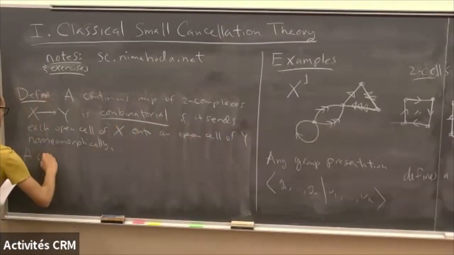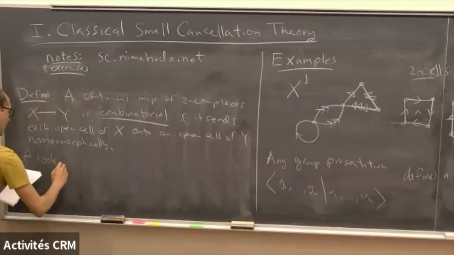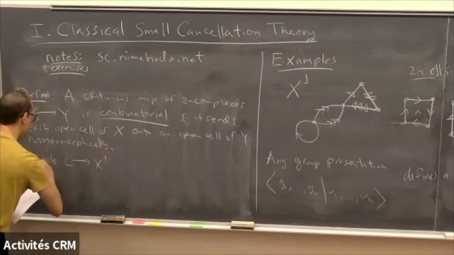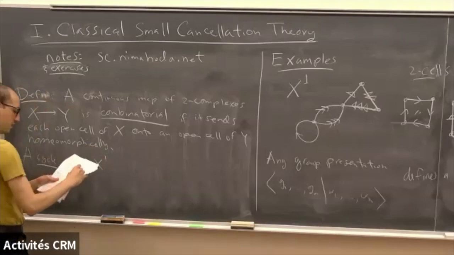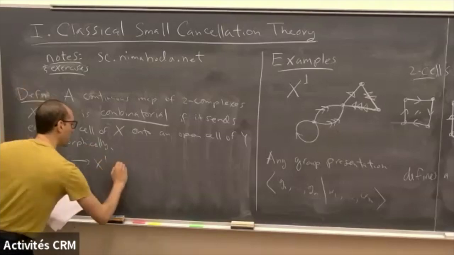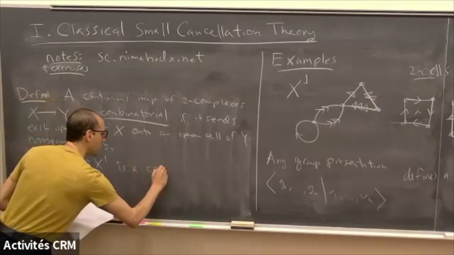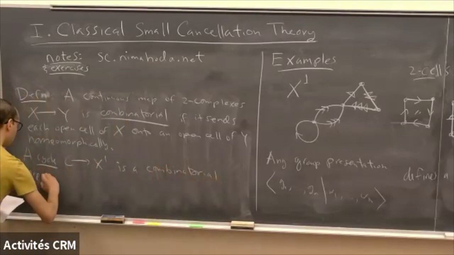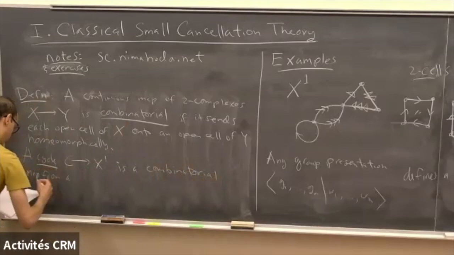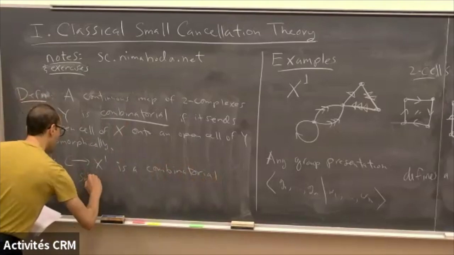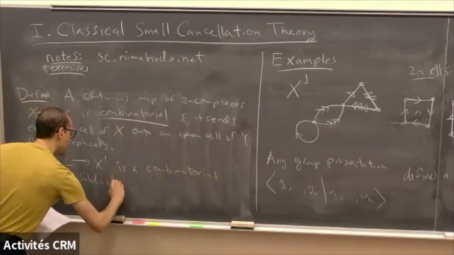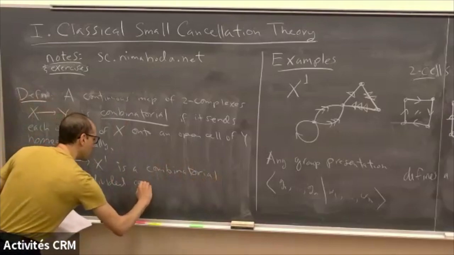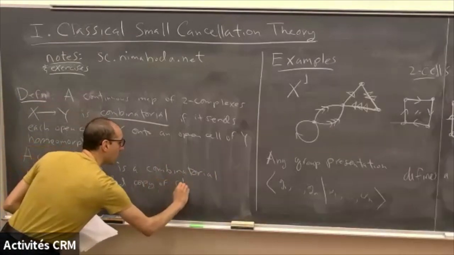And a cycle C in the one skeleton is a combinatorial map from a subdivided copy of S1.